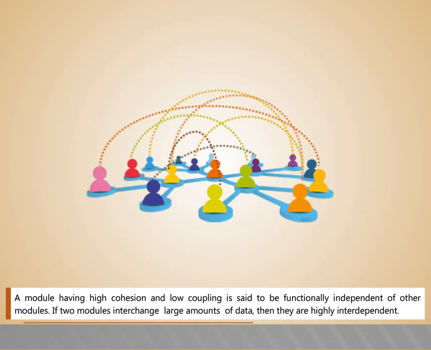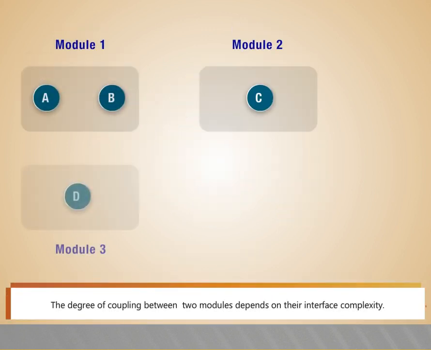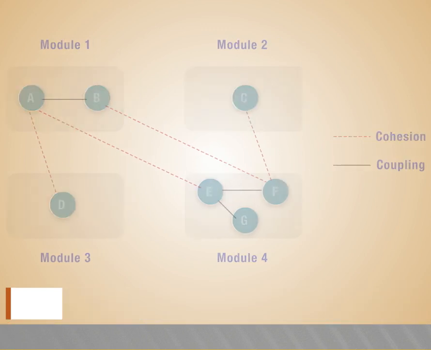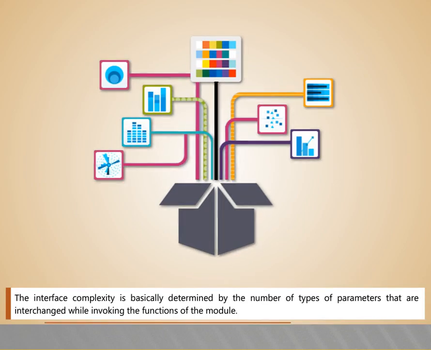If two modules interchange large amounts of data, then they are highly interdependent. The degree of coupling between two modules depends on their interface complexity. The interface complexity is basically determined by the number of types of parameters that are interchanged while invoking the functions of the module.